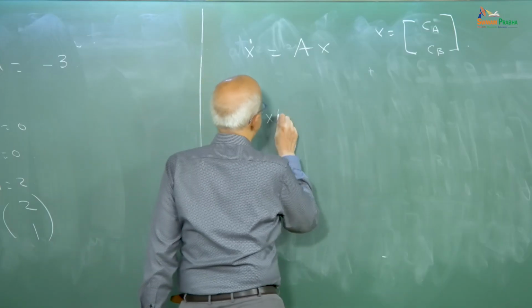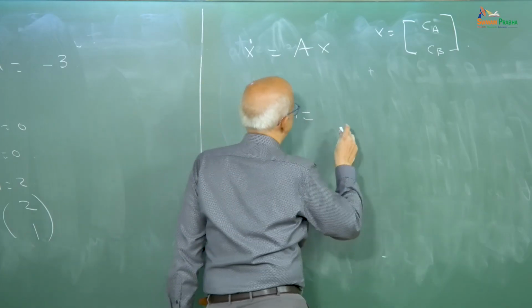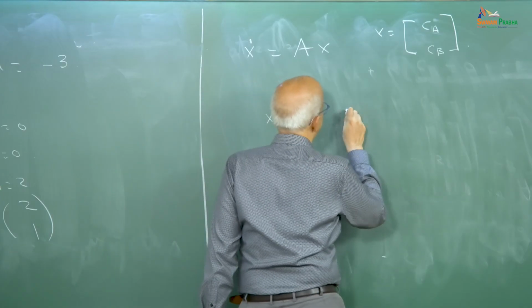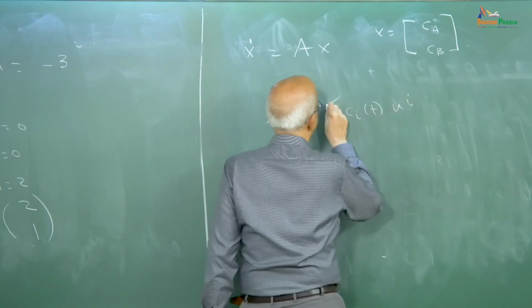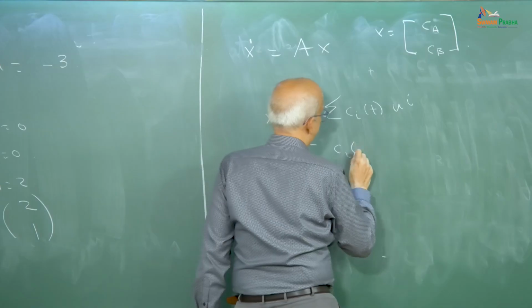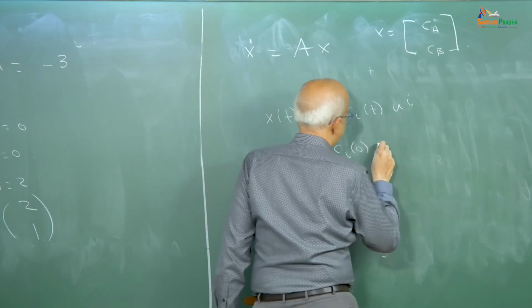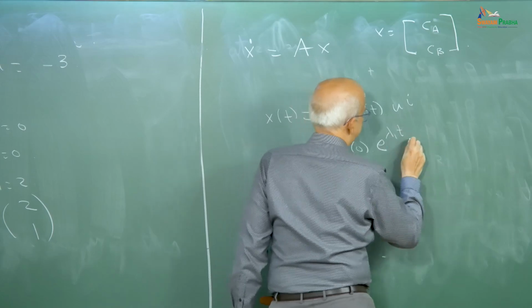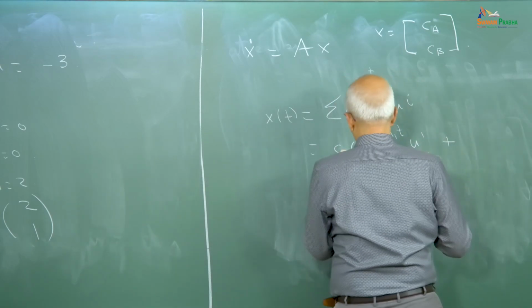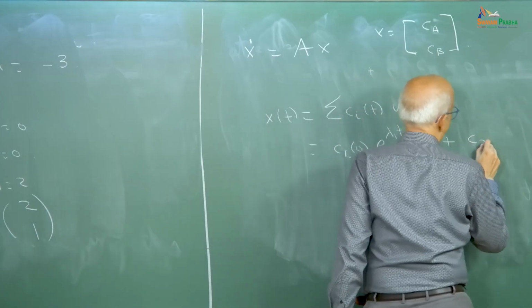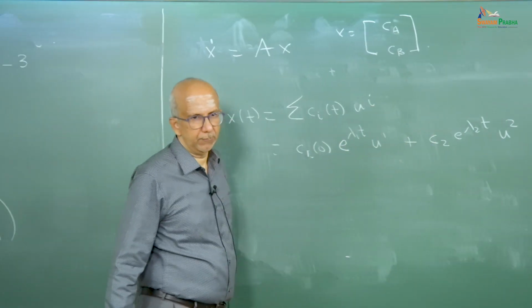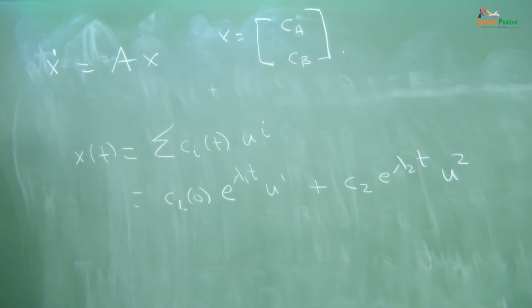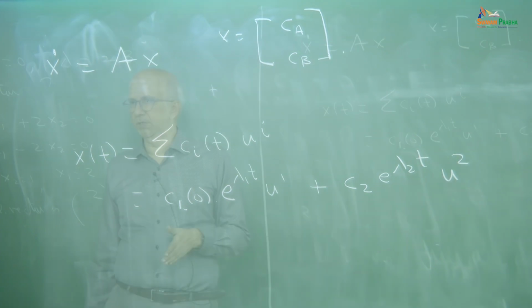The form of the solution, I am not solving it, you can solve it, will be Ci of t ui, which is C1(0) e power lambda 1 t u1 plus C2 e power lambda 2 t u2. Since I have a 2 by 2 matrix, my summation is only over 2 terms.